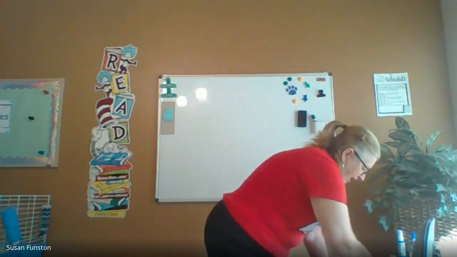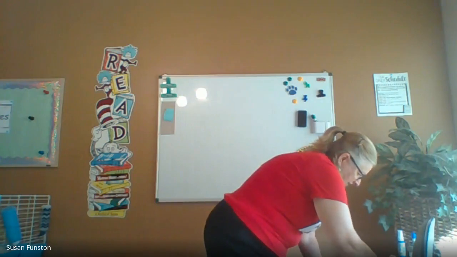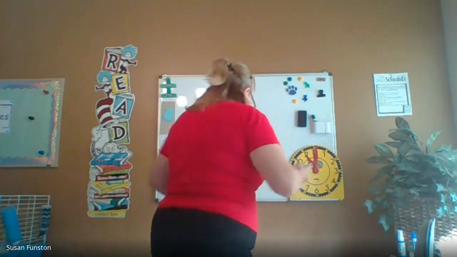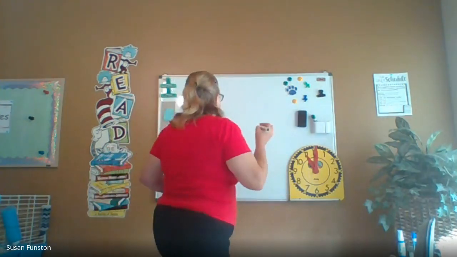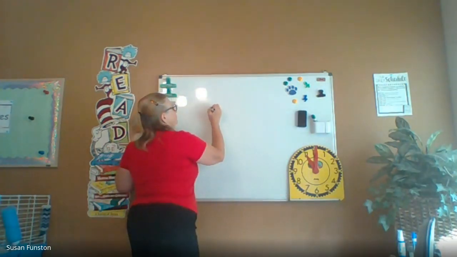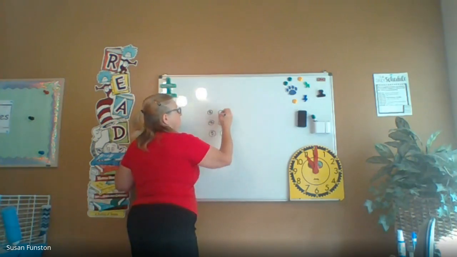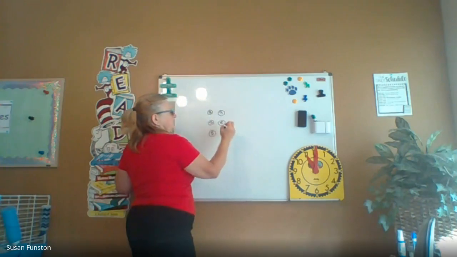Let's take just a minute and look at an array. So I have 3 groups of 2, and I have arranged them in an array with rows and columns.